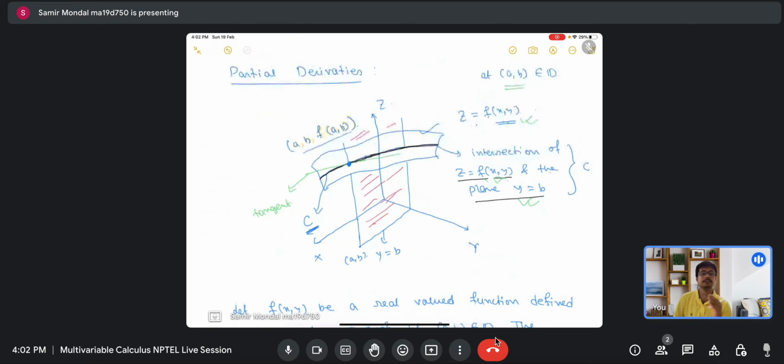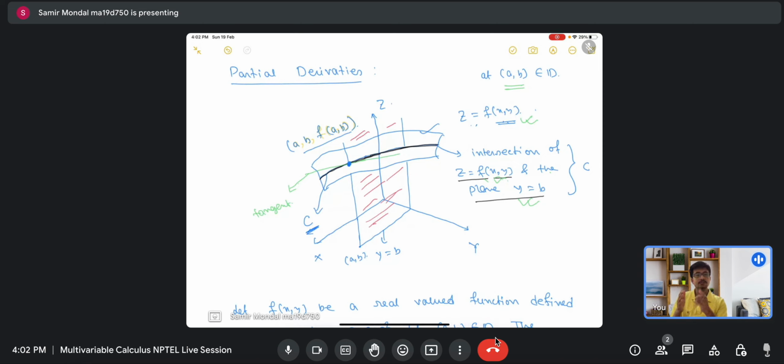When we look for the partial derivative with respect to x, we look for the intersection of the surface z equal to f of x y and the plane y equal to b. The plane will cut like this, and we get one curve on the surface S, which is represented by the function z equal to f of x y.